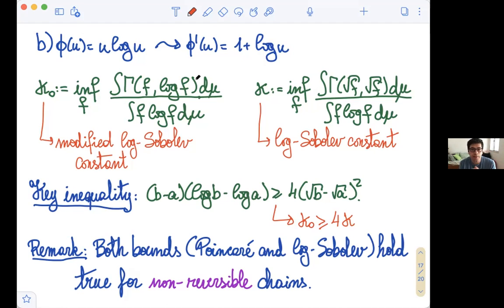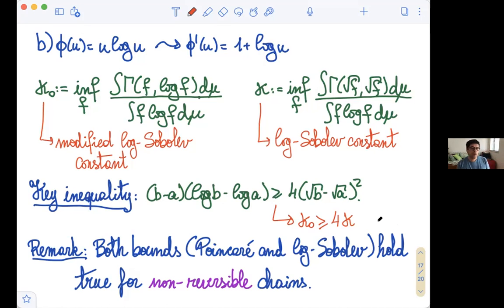And so it's like computing the Poincaré constant, but with an extra log factor. This means that the Poincaré constant is bounded by the log Sobolev constant. So if you can do log Sobolev, it's better. And there is an inequality: v minus a, log v minus log a, is bigger than this thing. So this implies that k0 is bigger than 4k.